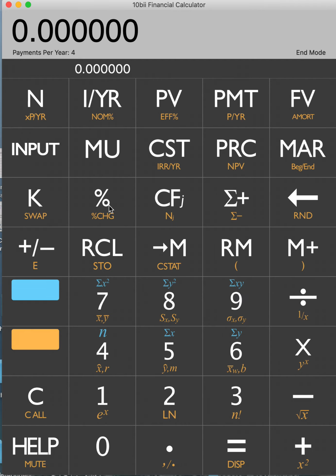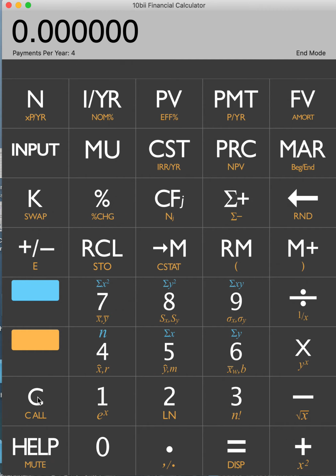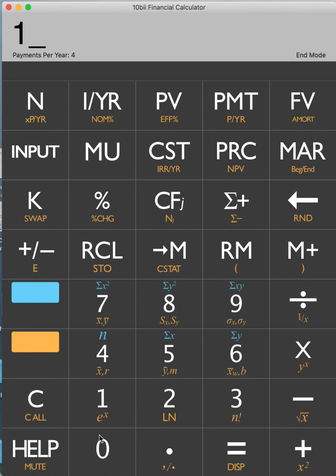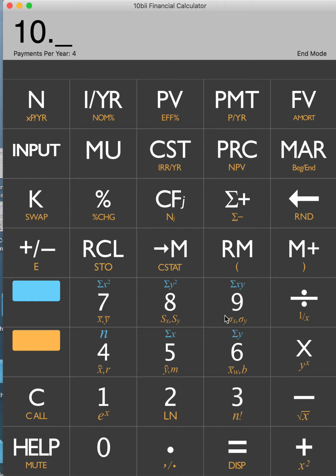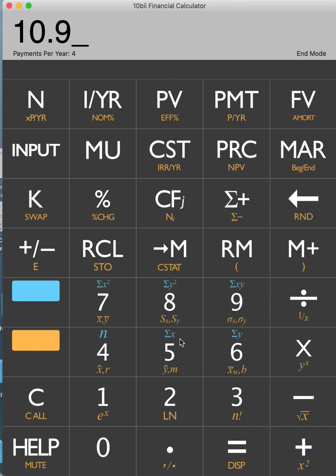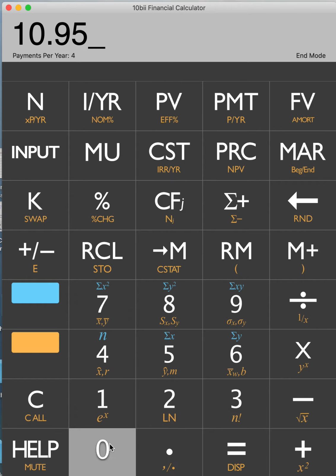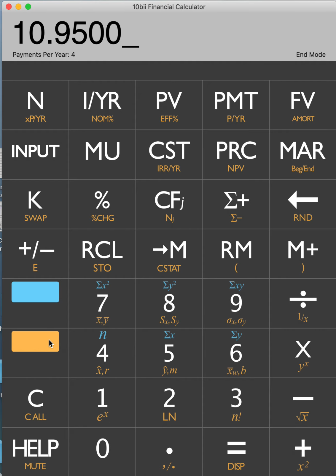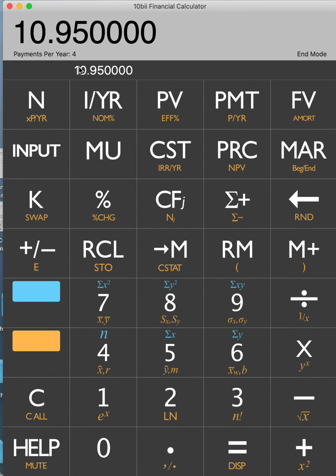So I put that in as nom. You can see that it started 0 there, so I'm going to clear all and put it in longhand. 10.95. I don't need to put the 00, but I could, and put that in as nom. There, it's up above there now.